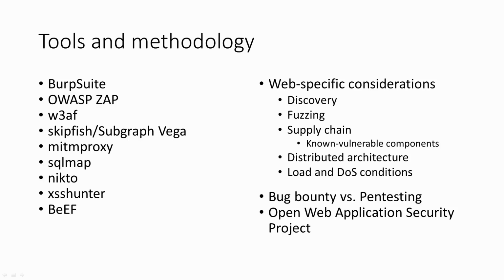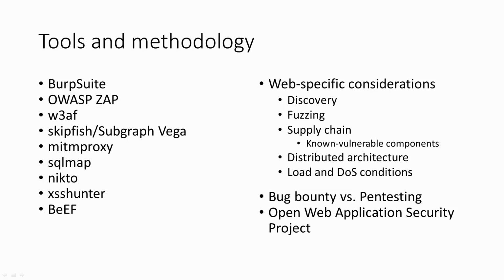Skipfish, or a more graphical interface around it by Subgraph called Vega, is a highly aggressive scanning engine, so it's really important to manually filter out the false positives that are numerous, really. So it's important to filter all its output, and it's important to tune it in order to not overload the web application while scanning.